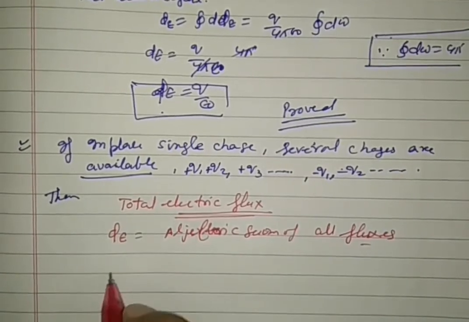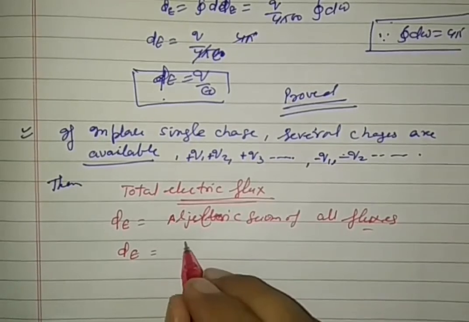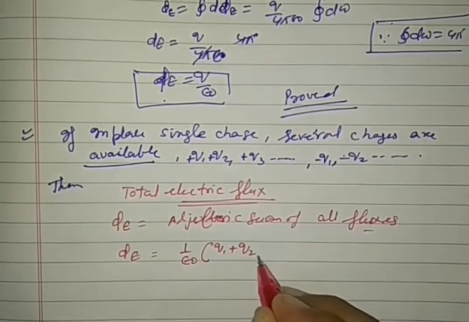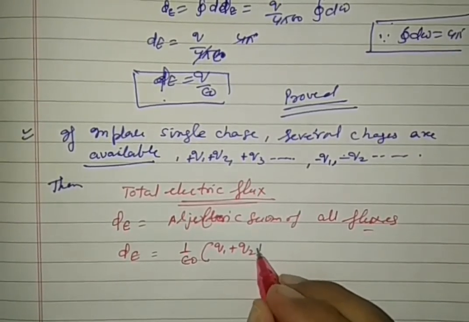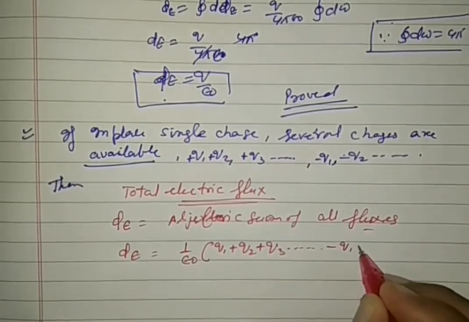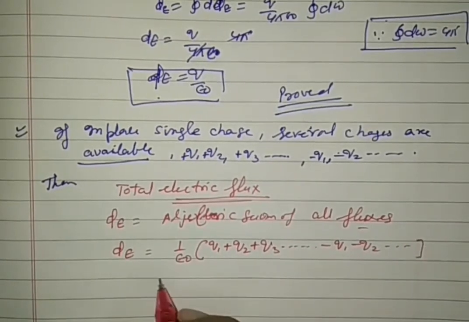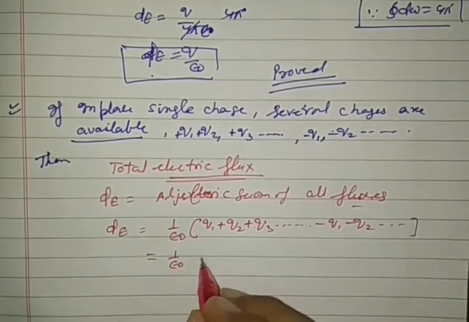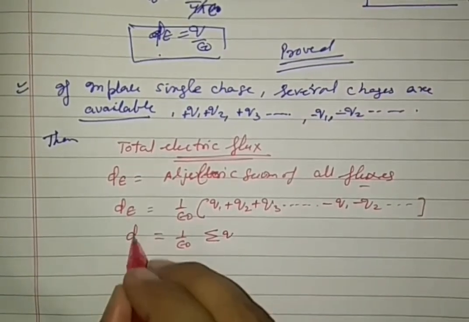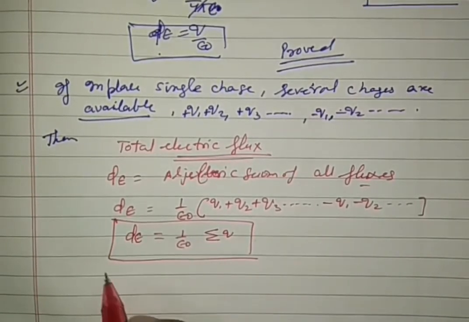So it can be written as phi is equal to 1 by epsilon naught times Q1 plus Q2 plus Q3 and so on, minus Q1 minus Q2 and so on, or we can say 1 by epsilon naught times the summation of Q. This is phi. So this Gauss theorem can be written in this form.